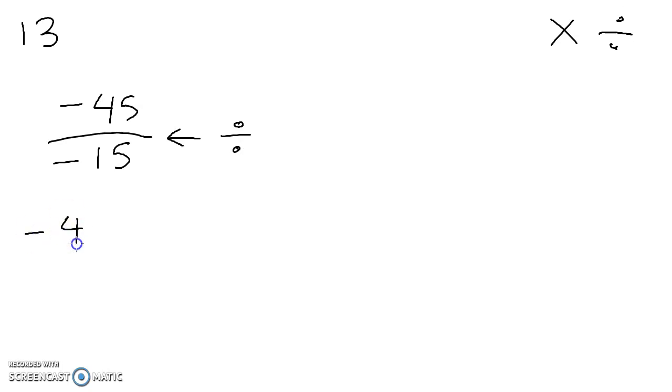Part D is a negative 45 over a negative 15. Now I mentioned in class, this fraction bar also means division. That fraction bar means division, so we can rewrite this problem if we wanted to be negative 45 divided by negative 15.